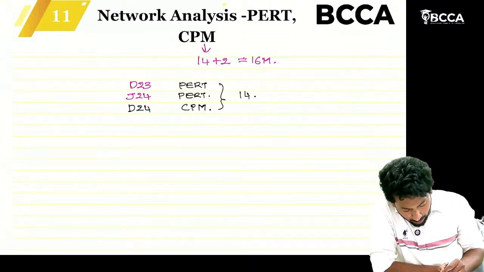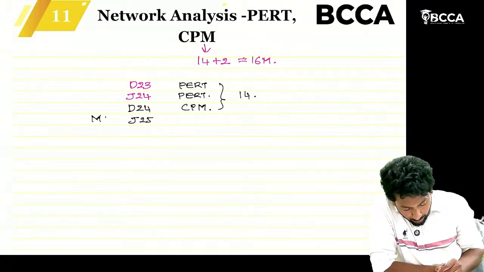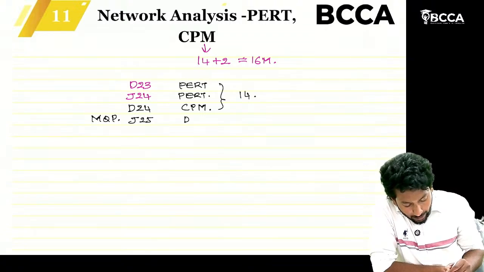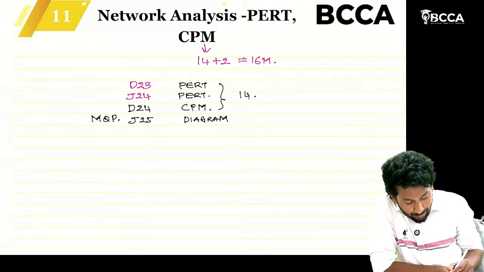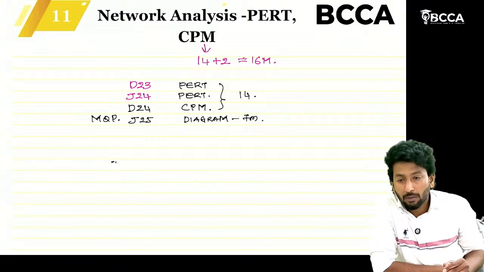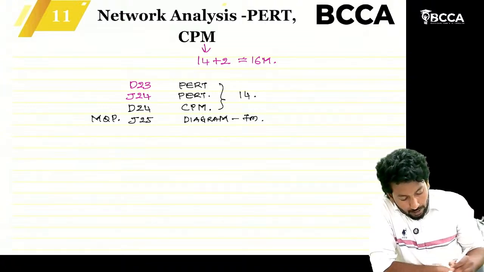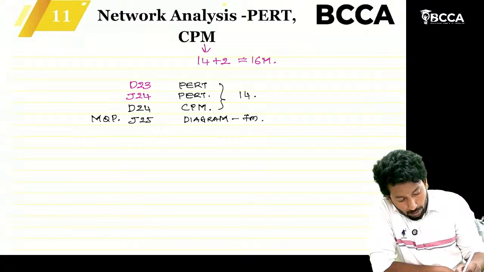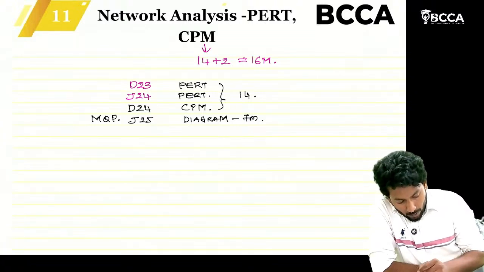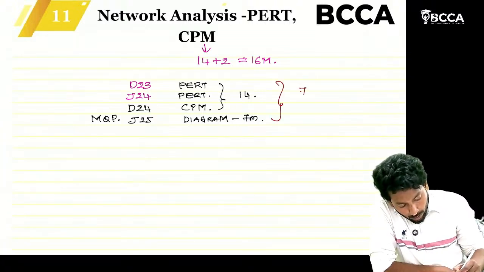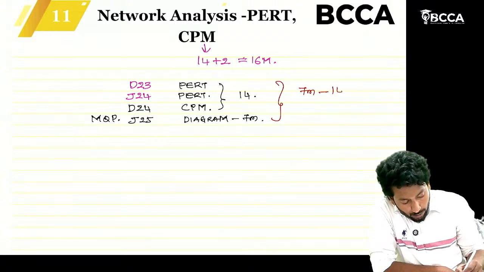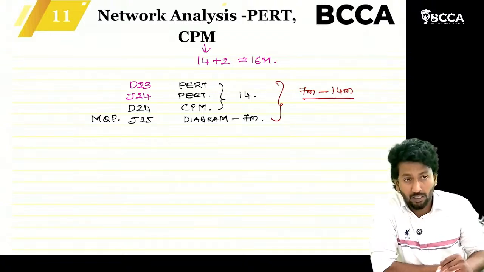Now in June 25 attempt, they have asked some basic network diagram question for 7 marks. That means we can expect at least a 7 mark question or else a 14 mark question from the network analysis chapter.